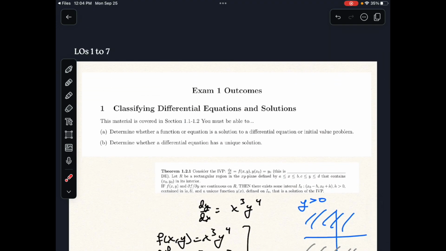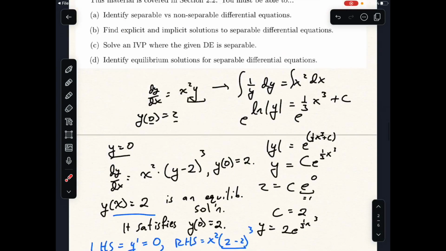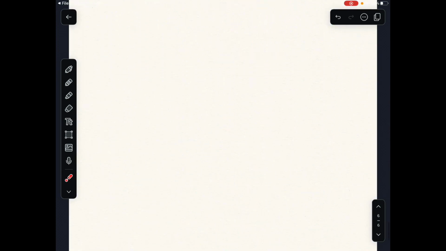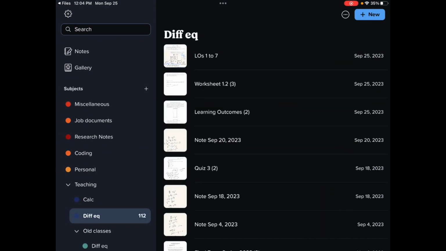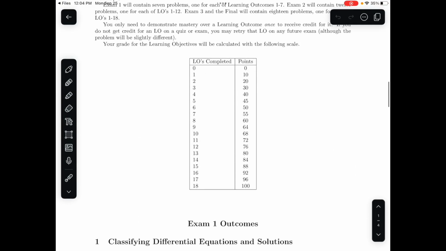So, I should maybe give you a little bit of guidance with pace, as far as what you should be shooting for by the end of each exam. So let me go to the learning outcomes document and look at the grades that you could get.